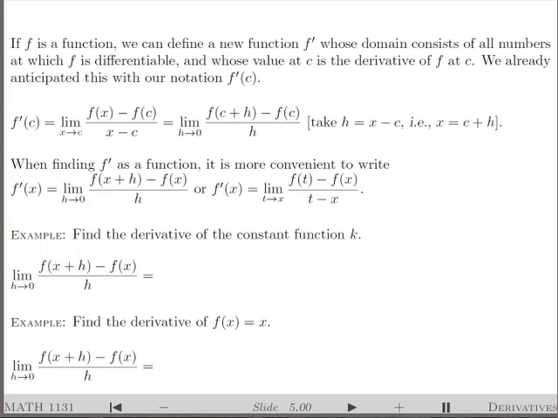If you want to find f prime as a function, we would like to use x as the variable. So in the second definition, we can just change c to x. In the first, we have to be more careful since there is also another variable in there. In this case, we might write f of t minus f of x over t minus x, and then take the limit as t approaches x.